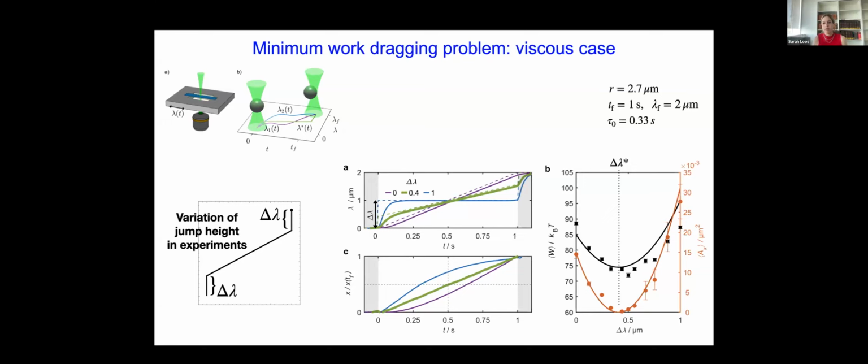And as you can see, there is a pronounced minimum, and the minimum is in the region where the optimal jump height is, which tells us that the theory is confirmed and these experiments match really nicely to the theoretical prediction. And this is without a fitting parameter because we can measure the viscosity and the friction by individual equilibrium measurements. So we don't have to fit anything here.